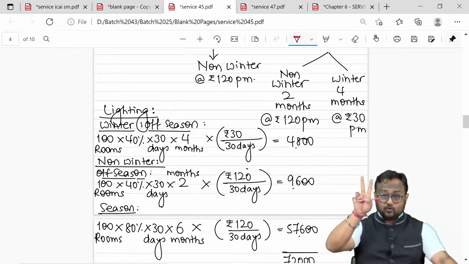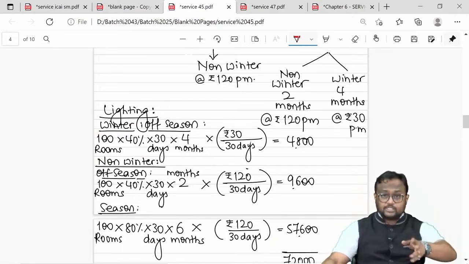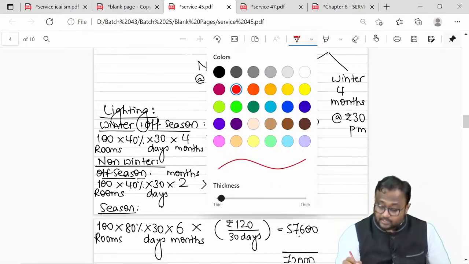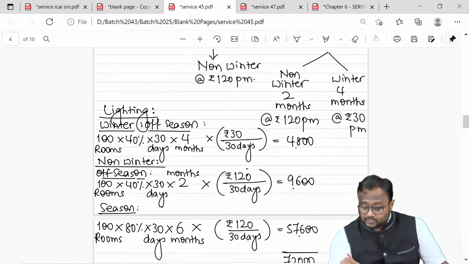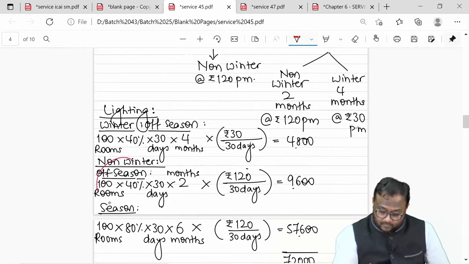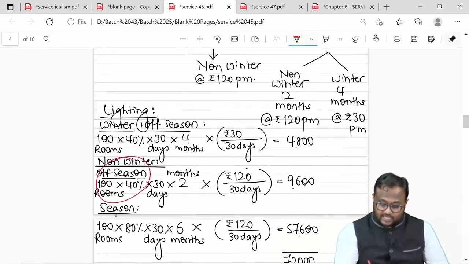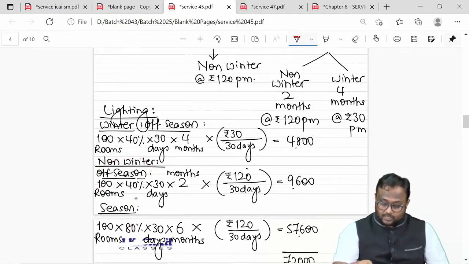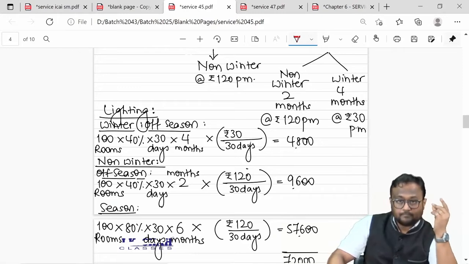Non-winter falls in 2 categories. Off-season 2 months, so occupancy of off-season is 40%. Occupancy of season is 80%. That is the only reason I am separating these two. Is that clear?